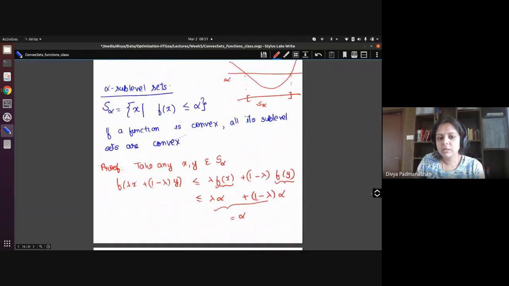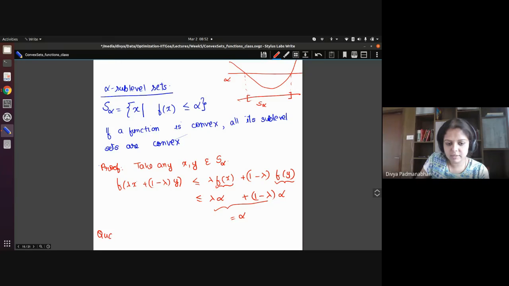Remember that this is only one-sided. If a function is convex, then all its sublevel sets are convex. But the other way is not true. That's something you should remember. There are examples of this, and functions with all sublevel sets convex are referred to as quasi-convex functions.